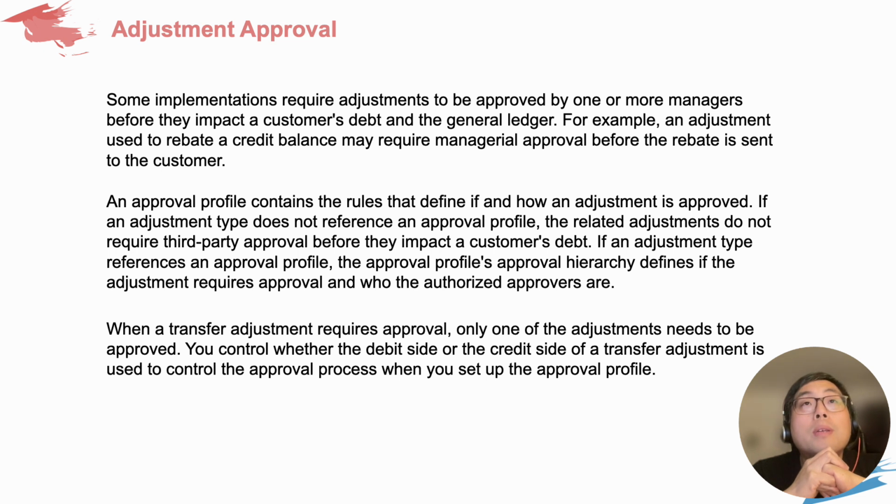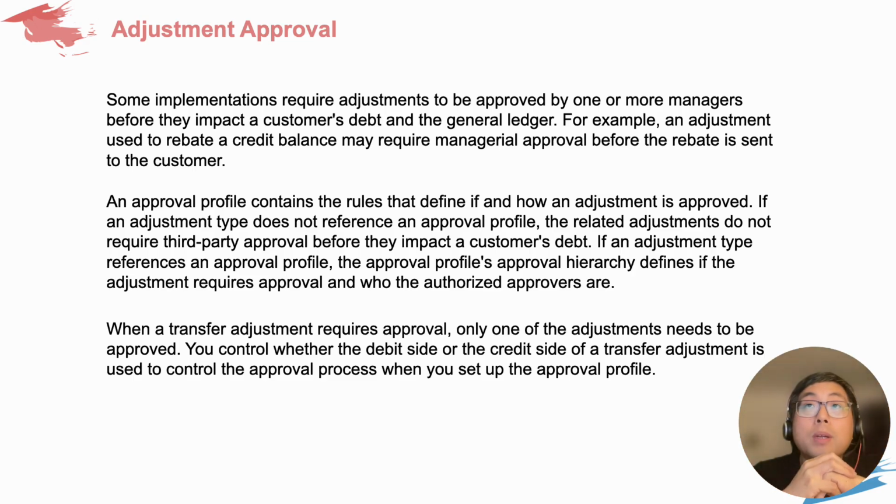Approval profile contains the rules that define if and how an adjustment is approved. If the adjustment type does not reference an approval profile, the related adjustments do not require third-party approval before they impact customer debt. If the adjustment type refers to an approval profile, the approval profile's approval hierarchy defines if the adjustment requires approval and who the authorized approvers are. So an approval profile is normally like a matrix.